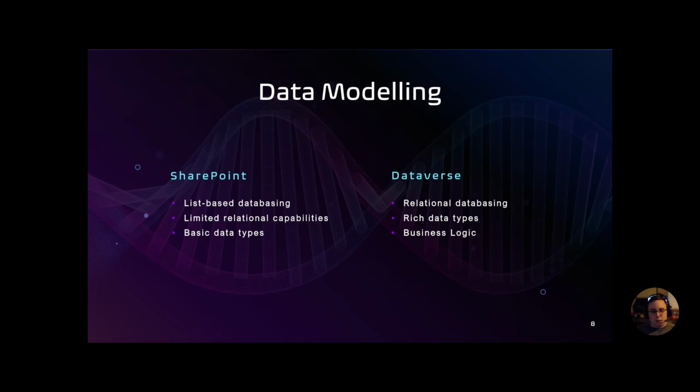But the other major difference between SharePoint and Dataverse in terms of data modeling is the data types. SharePoint holds some basic data types, things like single line of text, multi-line text, and a few others. What's missing is things like calculated or roll-up fields. These are columns that do specific things within Dataverse that SharePoint just does not have.